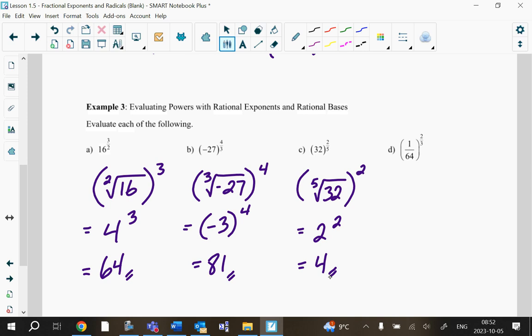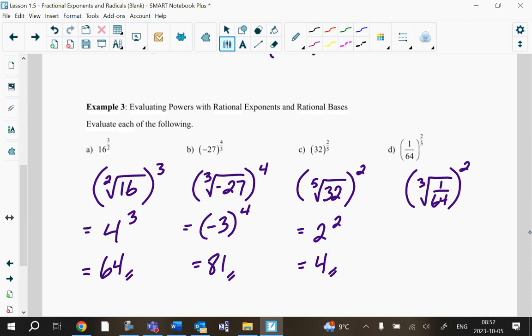And finally, parentheses, need a radical sign. What goes outside? What's the root? 3. This is 1 over 64, and we are going to raise it to the 2. So the cube root of 1 over 64.